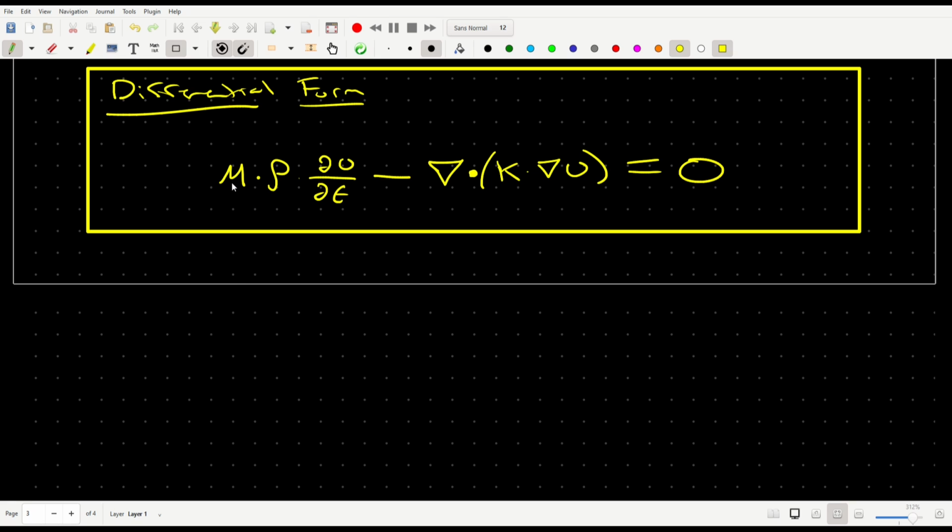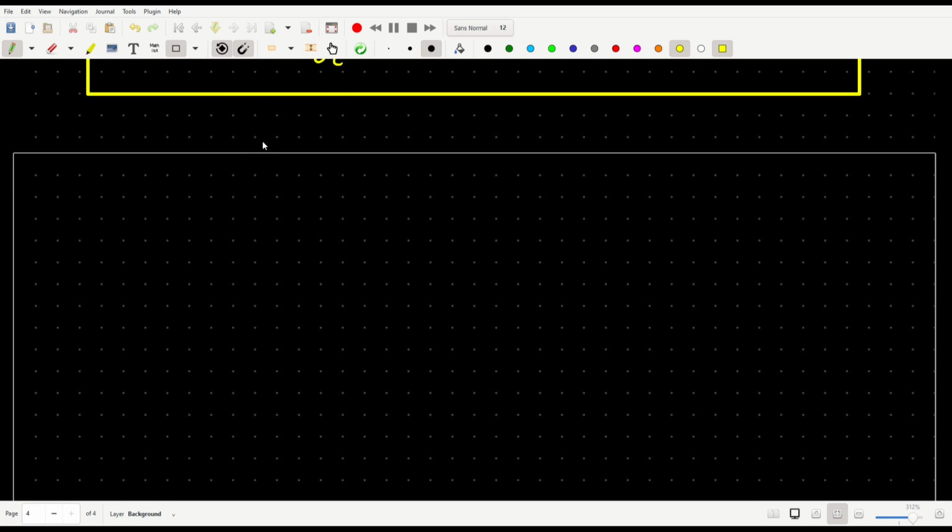In our derivation, u and rho were functions of position, k was possibly a function of position and a function of time, which in general gives us this equation, but we have an even nicer form for this equation if k is constant, mu is constant, and rho is constant.